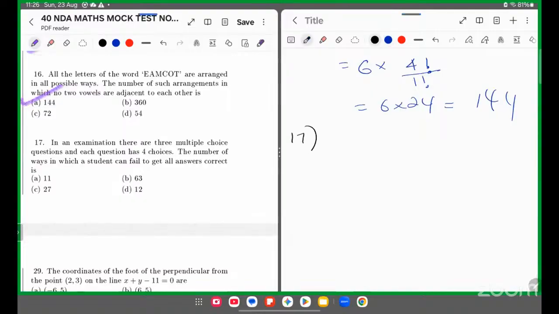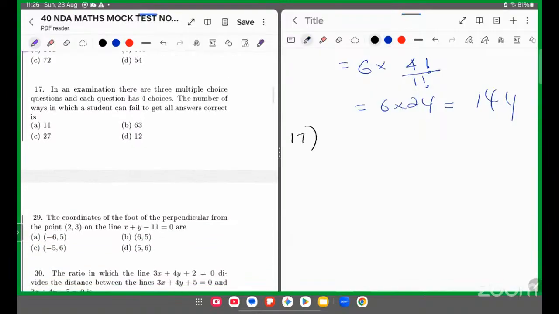Question number 17. In an examination, there are 3 multiple choice questions and each question has 4 choices. The number of ways in which a student can fail to get all answers correct. Here there are 3 multiple choice questions: 1, 2, 3.